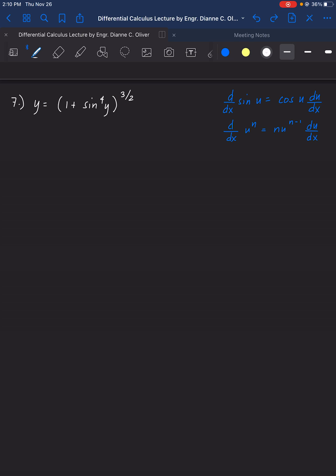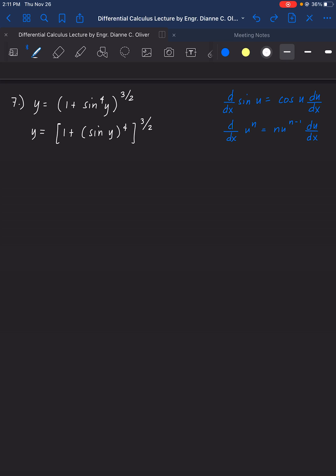So using the pattern for the power formula, let's arrange it first. This is still similar to this one, sine y to the 4th power, all to the 3/2.